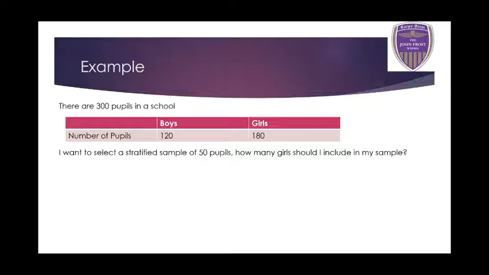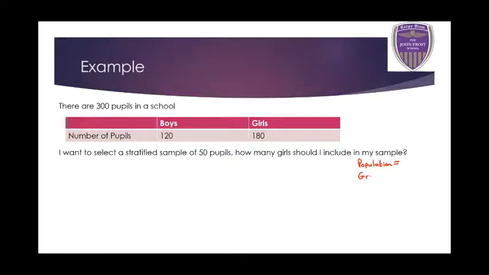We're told there's 300 pupils in the school, and I want to select a stratified sample of 50 pupils. How many girls should I include in my sample? The formula involves three things. The population, which is who we're surveying, the total number of people we would be looking to survey.